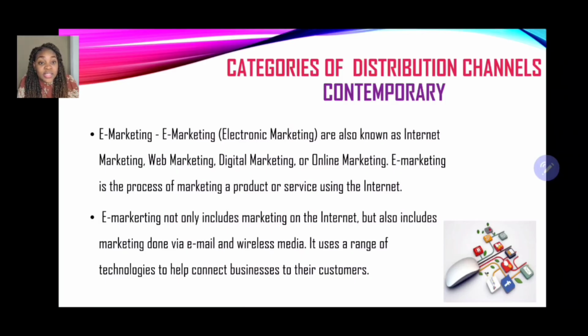E-marketing is the process of marketing a product or service using the internet. E-marketing not only includes marketing on the internet, but also includes marketing done via email and wireless media. It uses a range of technologies to help connect businesses to their customers, right?